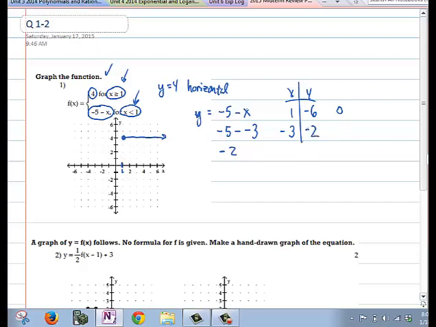Remember, you have to plot the first one with an open circle, and the only reason for the open circle is because in the domain statement, it said that x is less than 1. So we're going to plot at 1, we're going to go to -6, and that's going to be an open circle. Then when we go to -3, we're at -2. That'll be solid, and because we know the equation is an equation of a line, we're going to draw a line through those points, heading to the left.